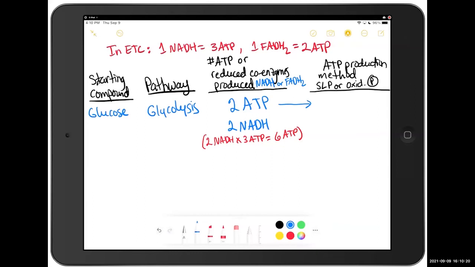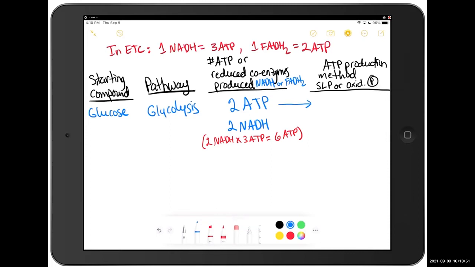Substrate level phosphorylation, also known as SLP, or oxidative phosphorylation. What method was used to generate the 2 ATP directly in that system? The way that we generated this ATP is we phosphorylated ADP to give us ATP directly within the glycolysis pathway.